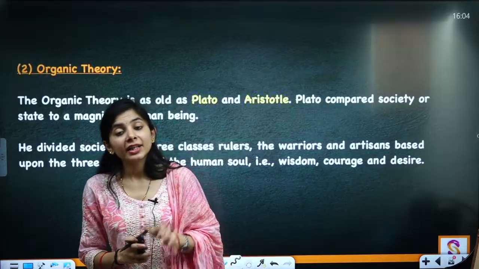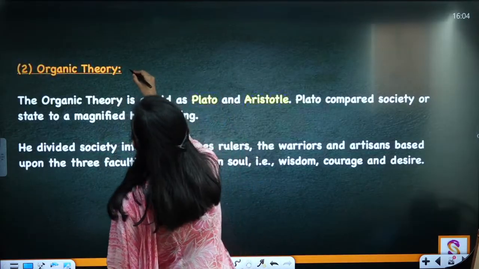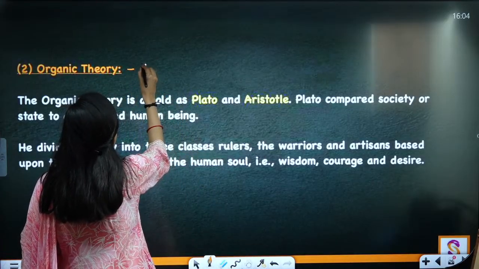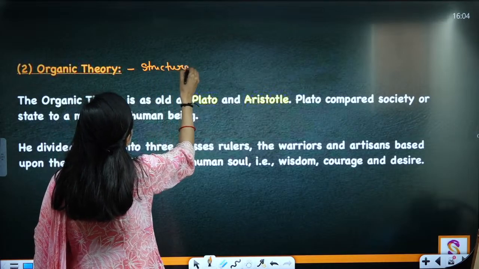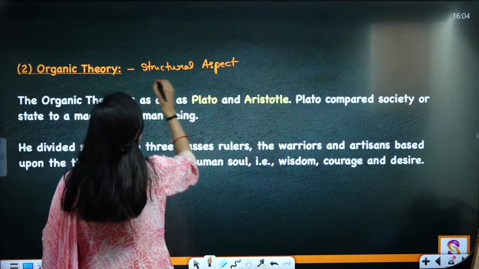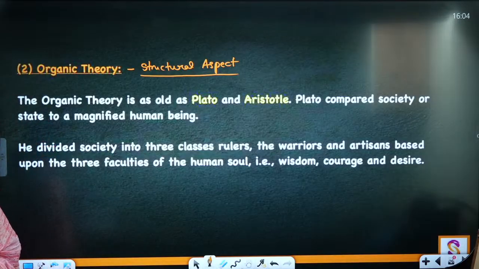No, organic theory is talking about the structural aspect.